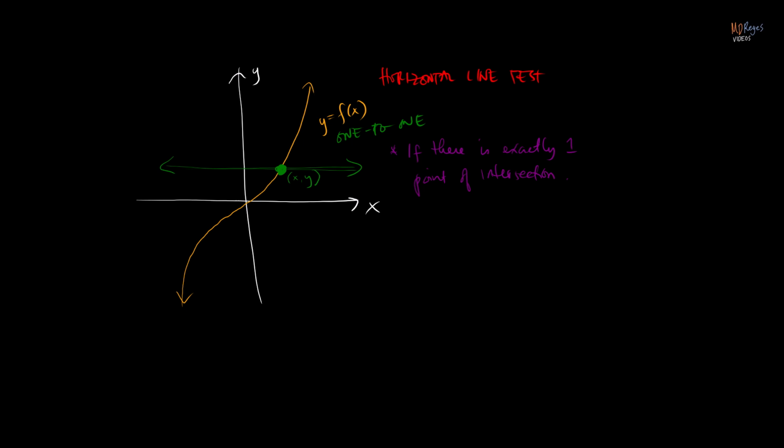Again, using the horizontal line test, if the horizontal line and the graph of the function only have one intersection point, then we can conclude that the function is one-to-one.